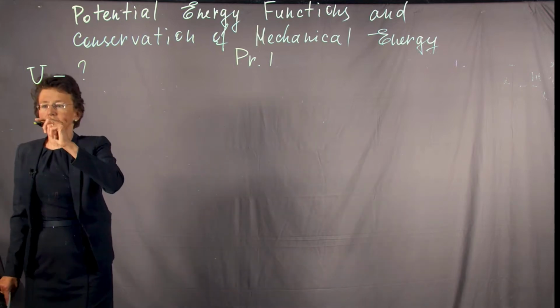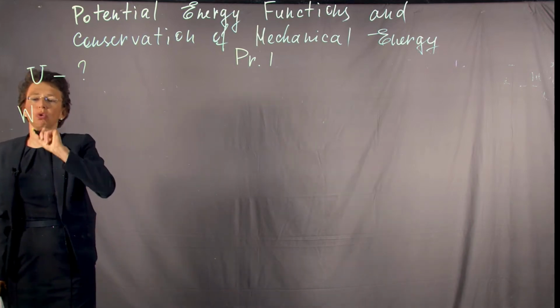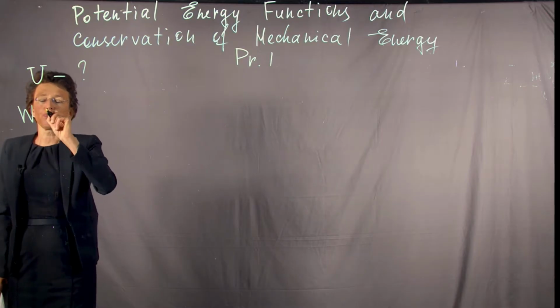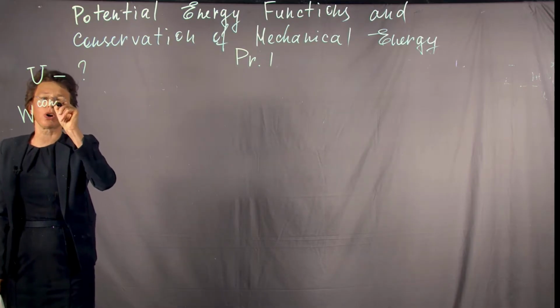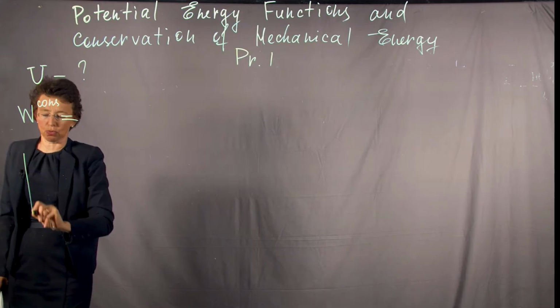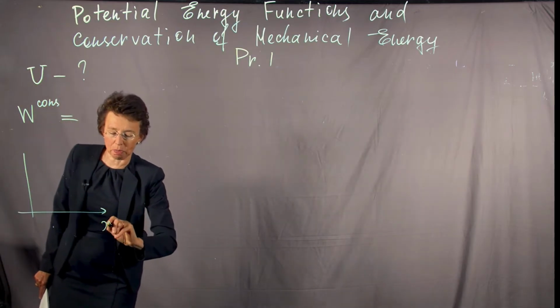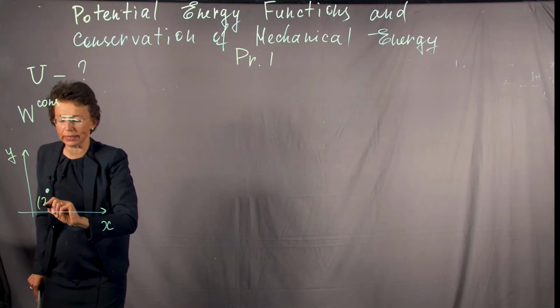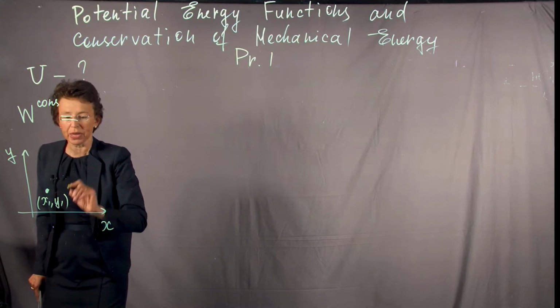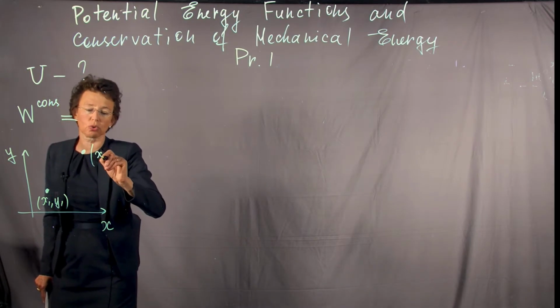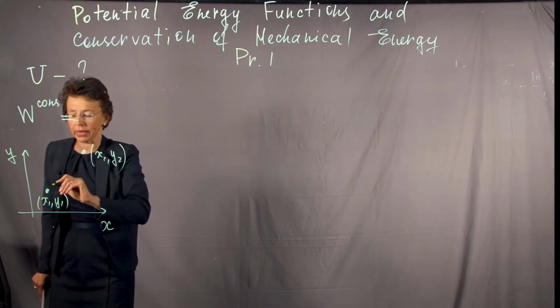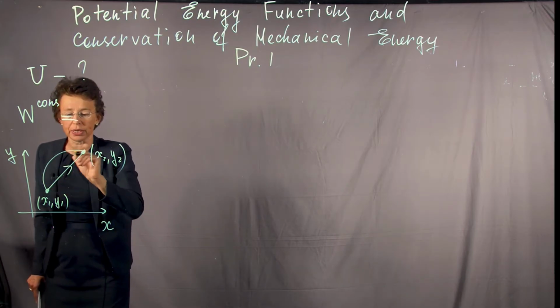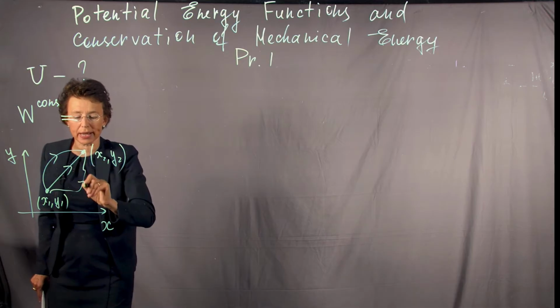Now, let's write again the definition of conservative force. The force is conservative if work done by this conservative force does not depend on path. So if I move my object from point x1, y1 to point x2, y2, then I can go this way or this way or this way. It doesn't matter.